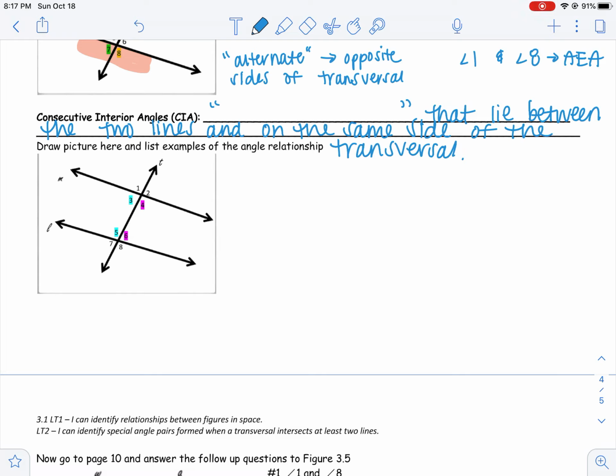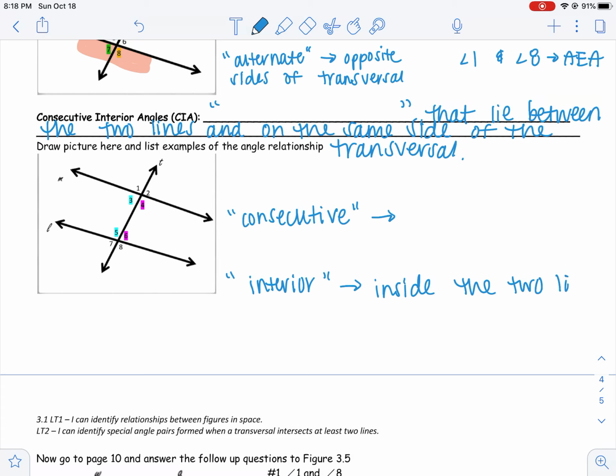Okay, so consecutive and interior. Okay, we have one for interior that is existing inside the 2 lines. And consecutive we can think of as being on the same side of the transversal.